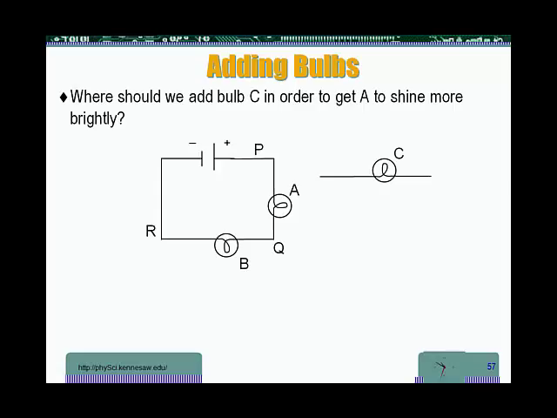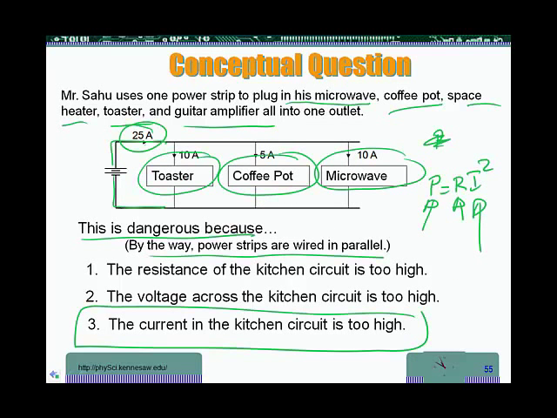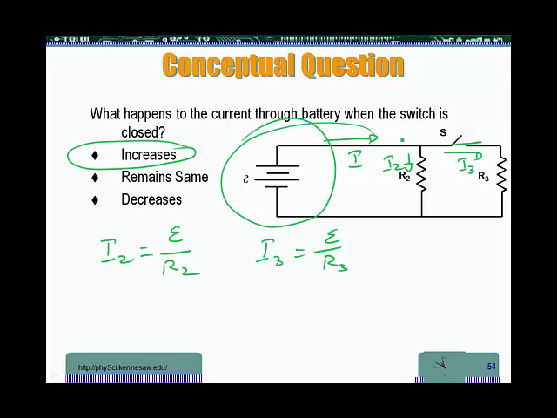Okay. Now, where should we add bulb C in order to get A to shine more? To get A to shine more, we need the current here to increase. Remember a few questions back. How did we have the current increase?